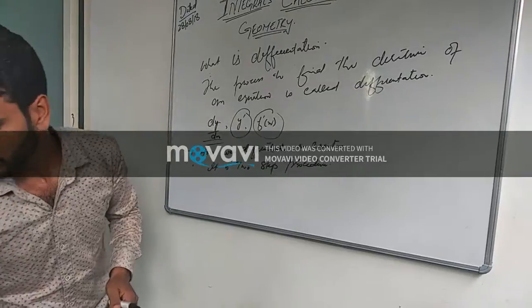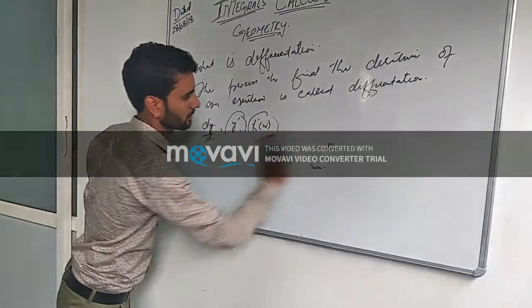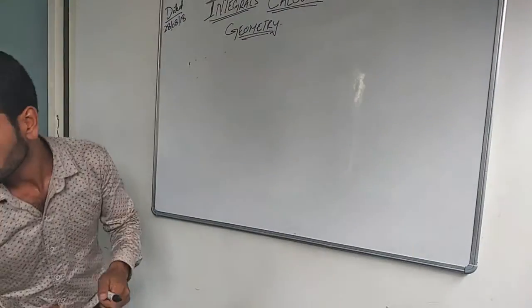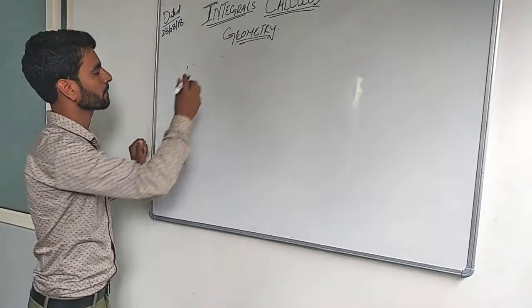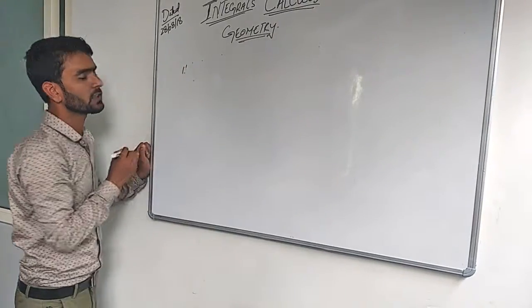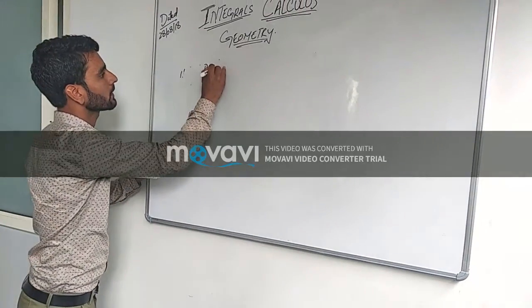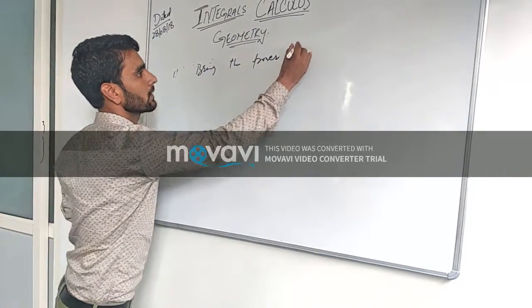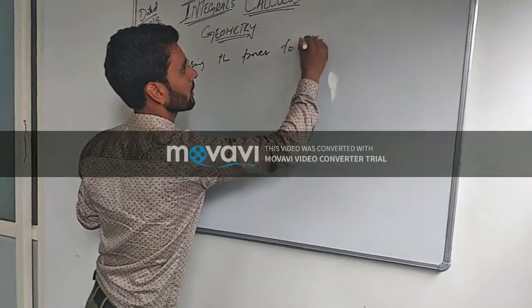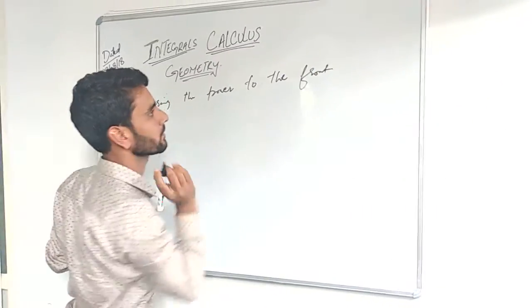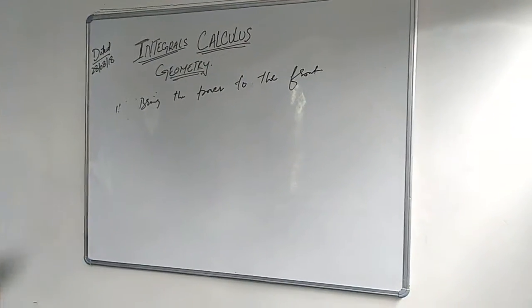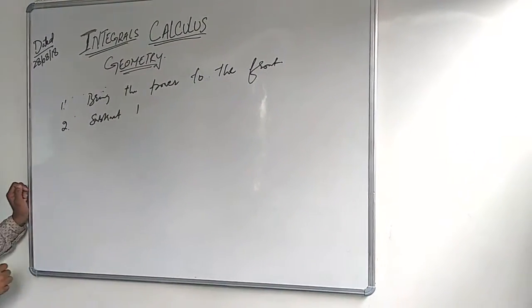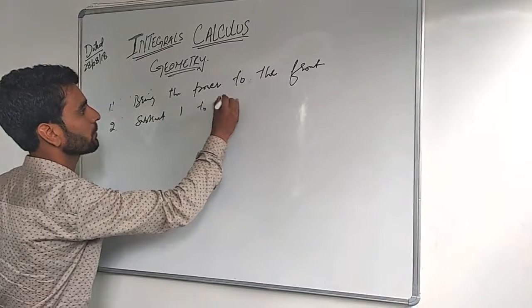First step, bring the power to the front. And second step is subtract 1 from the power.